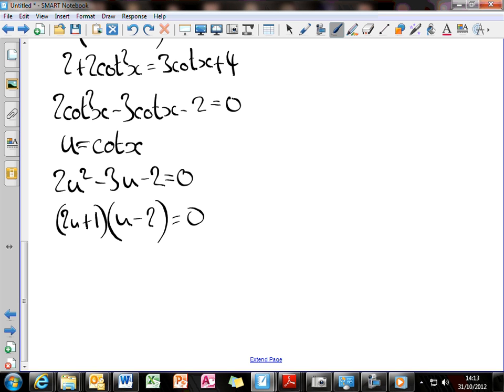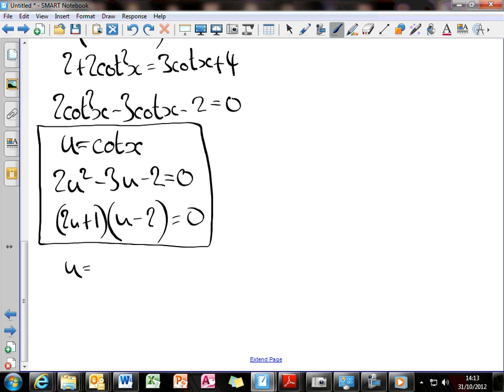So the two solutions we have then are u equals minus a half and u equals 2. But remember, u is something we came up with, so let's write that back in terms of cot x, because u is cot x. So cot x equals minus a half, and cot x equals 2.